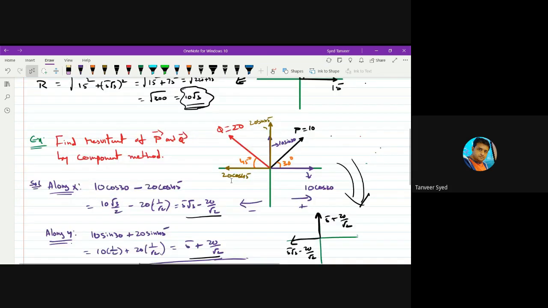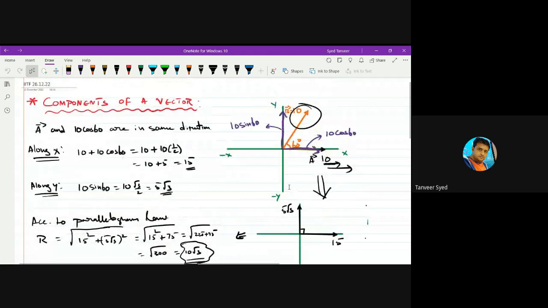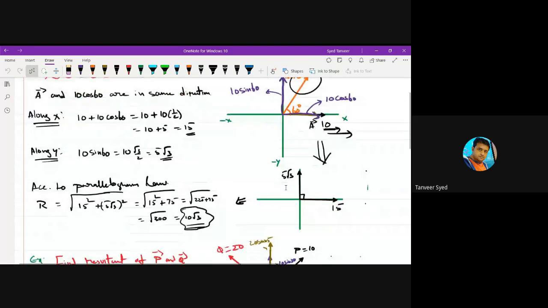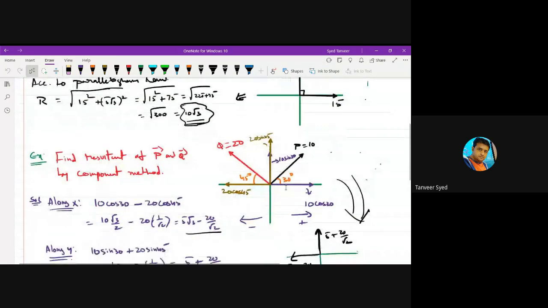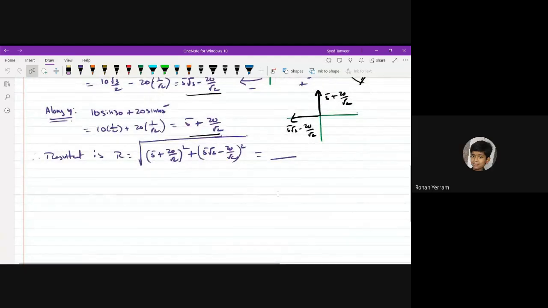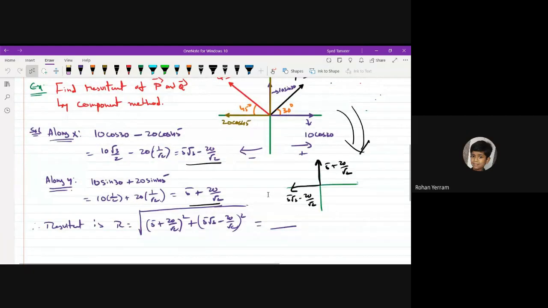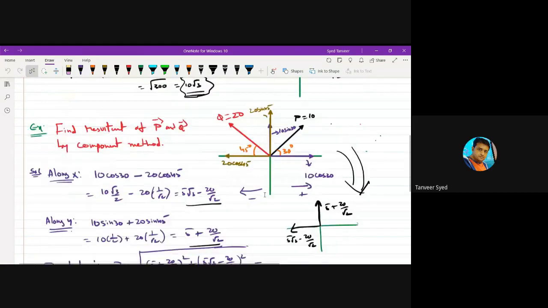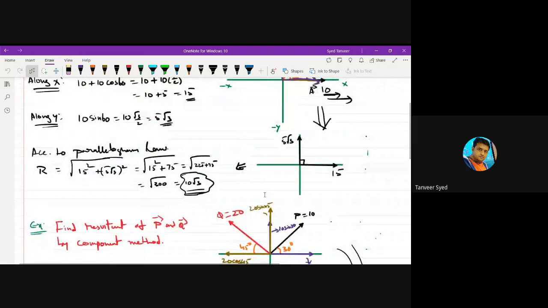Okay. Is this method clear? If two vectors are given, how you find the resultant by component method? Sir, component method also refers to the method of addition pxi plus pxj, right, sir? You can write it that way also, but ultimately you'll do this same thing here.